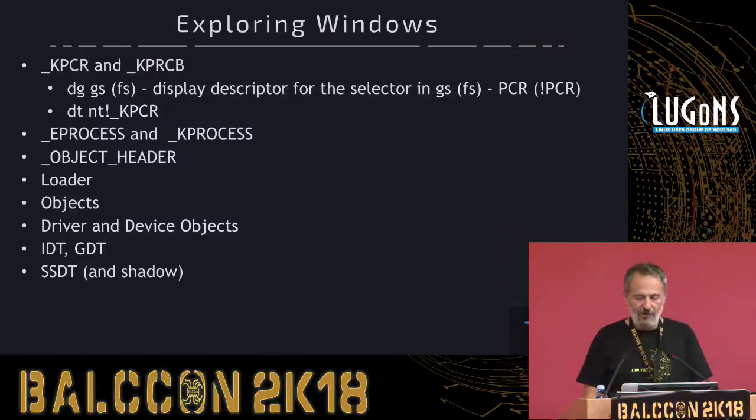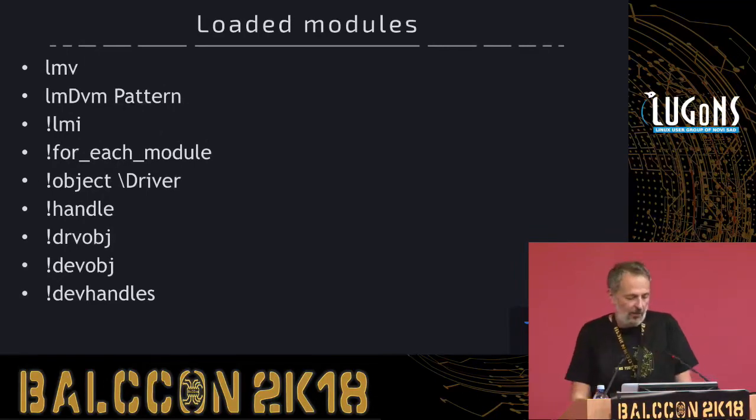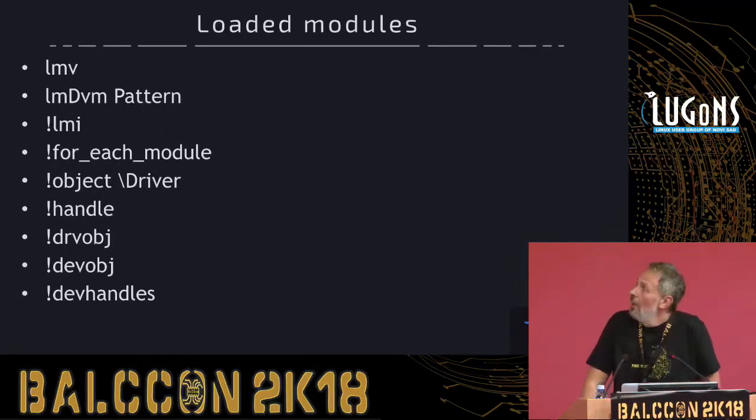Here are just some of the structures that I already mentioned before that you need to know. Unfortunately, some of the mechanisms around them are not super simple, but when you do kernel mode analysis, you need to be aware of at least most of it.